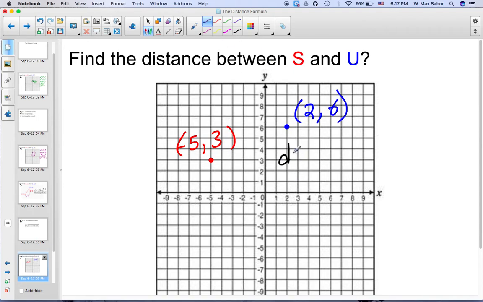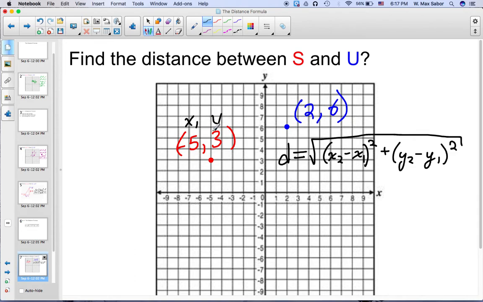So if we take the distance, that would be the square root of x2 minus x1 squared plus y2 minus y1 squared. Well, here's x1, here's y1, here's x2, here's y2.